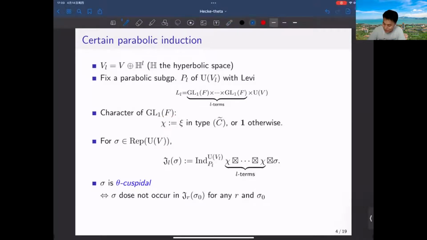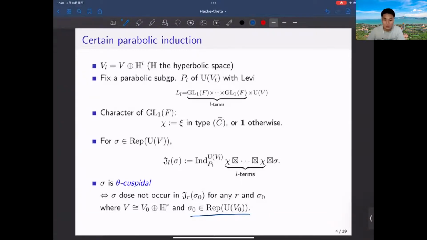Mathematically it says that this sigma does not occur in the induction functor for any r which is bigger than 0, and for any sigma naught which is an irreducible representation of UV naught, where V naught is in the same Witt tower, and the dimension of V naught is the dimension of V minus 2r.